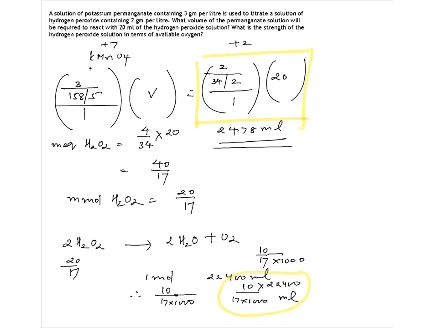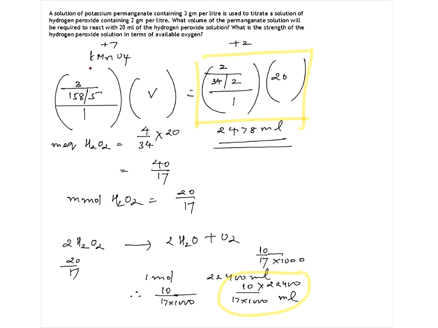Later on you will understand it better when we discuss oxidation reduction reactions. What is the meaning of +7 and +2? Right now we just take it that there is a charge transfer of 5 units per manganese atom. It is the manganese atom which is the key in KMnO4, not the others.